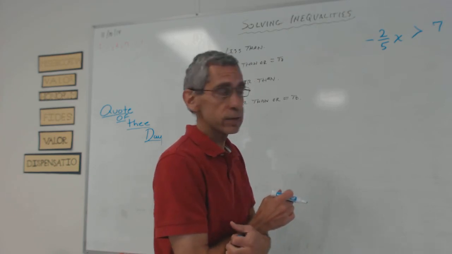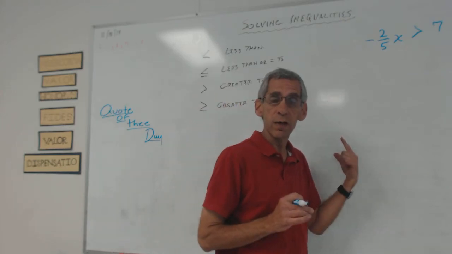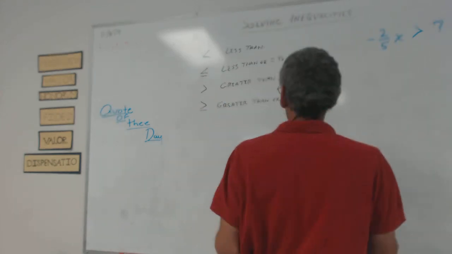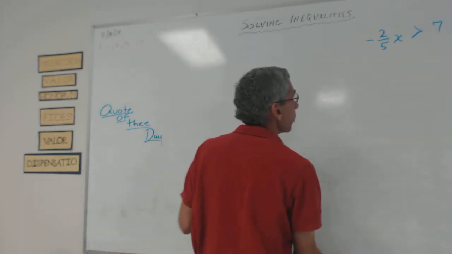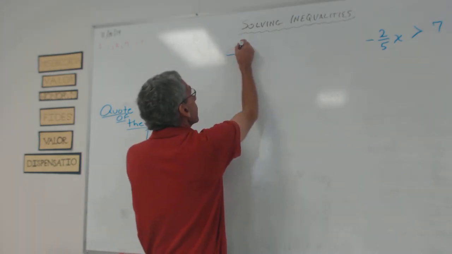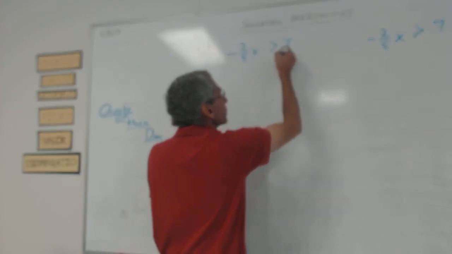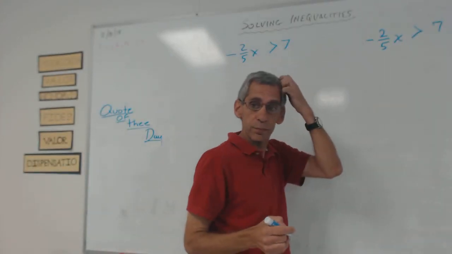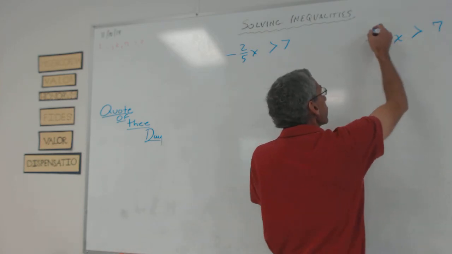There are two ways I could do it. Let's try both ways. I'm going to write it again here: negative 2/5 x is greater than 7. Ben said multiply everything times 5.